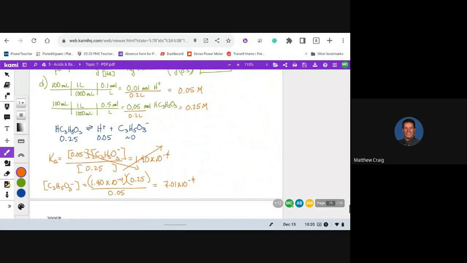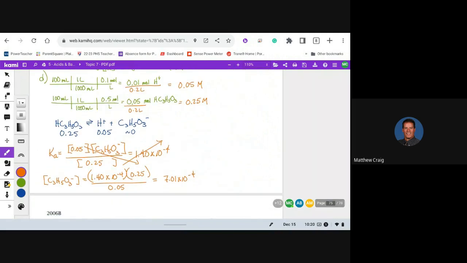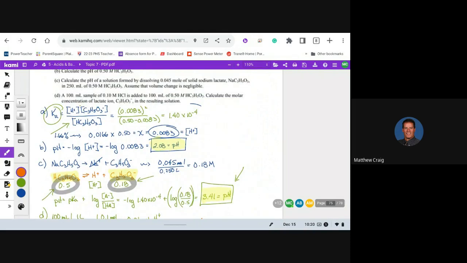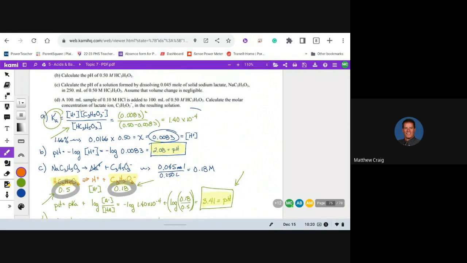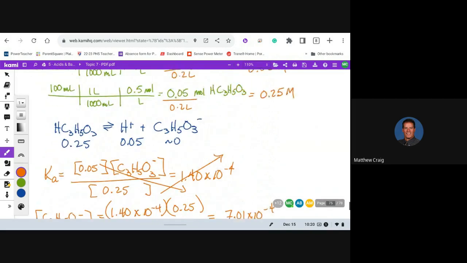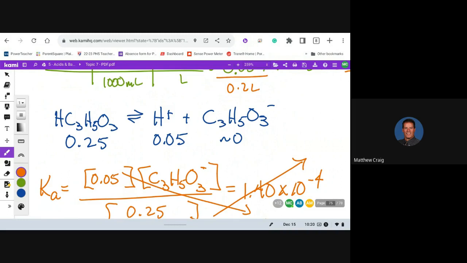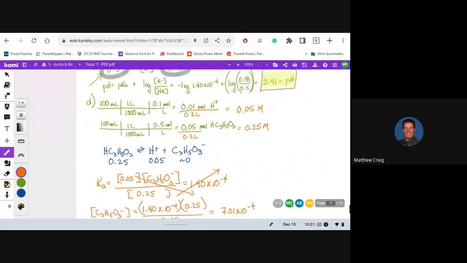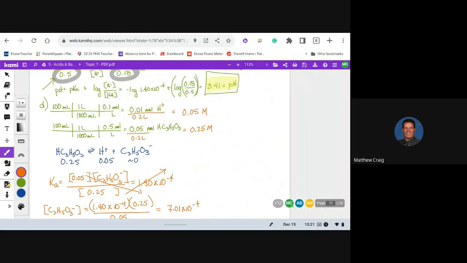How do you know when to use X? Why is that? Say that one more time. When are you supposed to use X? Oh, okay. Up here. I think she said, instead of subtracting the small X. In this one, we don't have anything to subtract by. Is that what you're referring to in part D? In what situation did you want to subtract or add X?